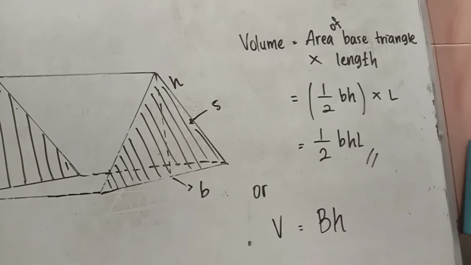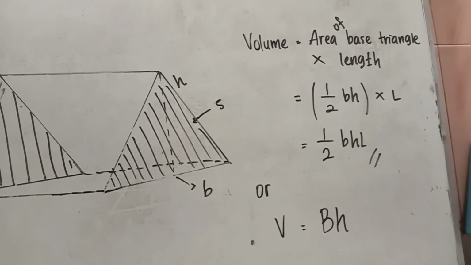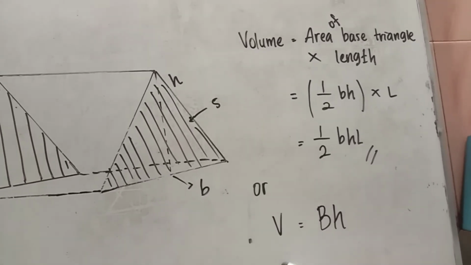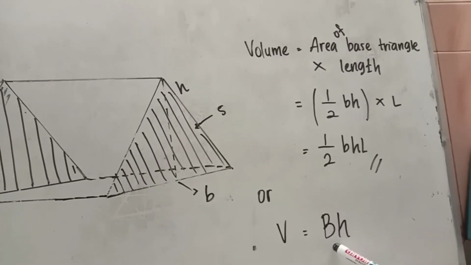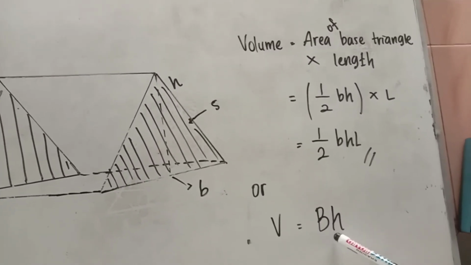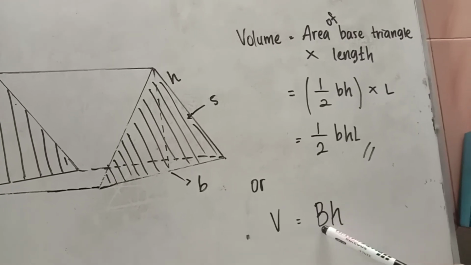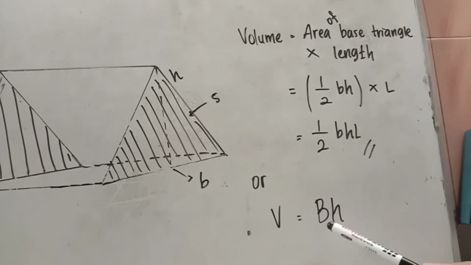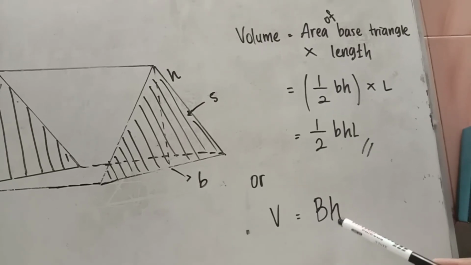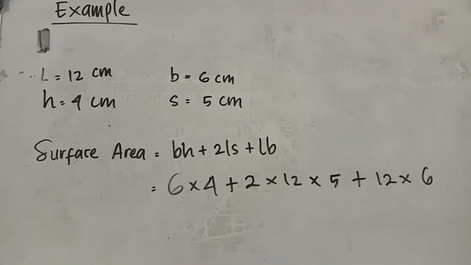Or the volume of a right prism is given by the formula V is B multiplied by H, where B is the area of the base.